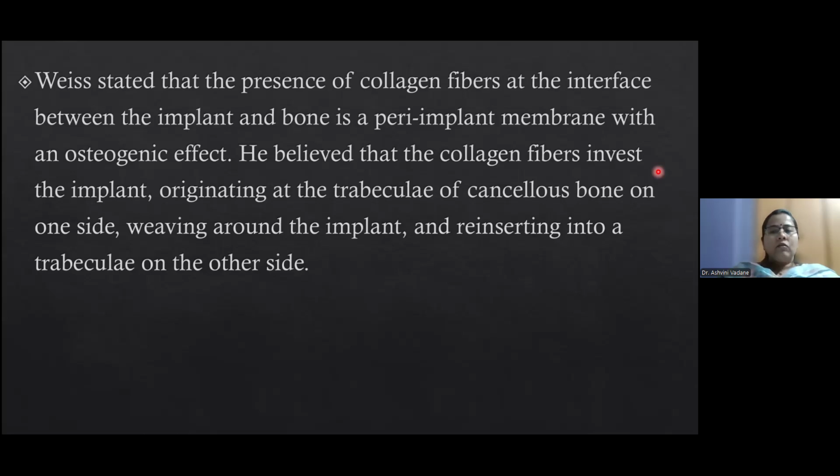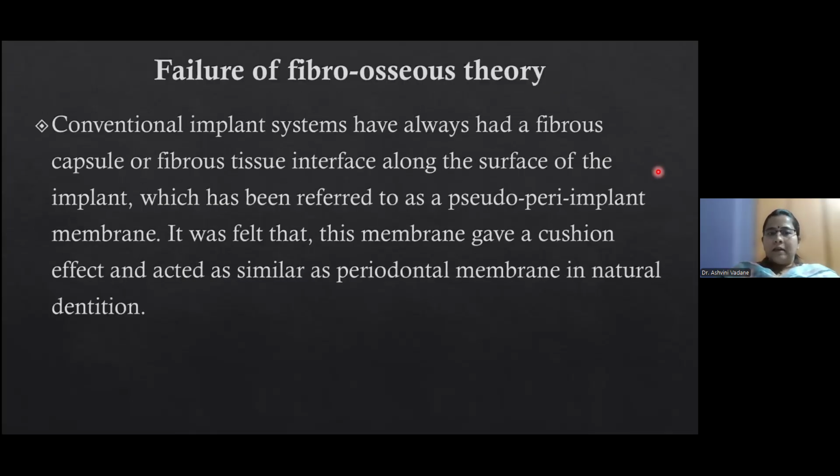He believed that the collagen fibers invest the implant, originating at the trabeculae of the cancellous bone on one side, weaving around the implant and reinserting into the trabeculae on the other side. So these are the various concepts proposed by various scientists.